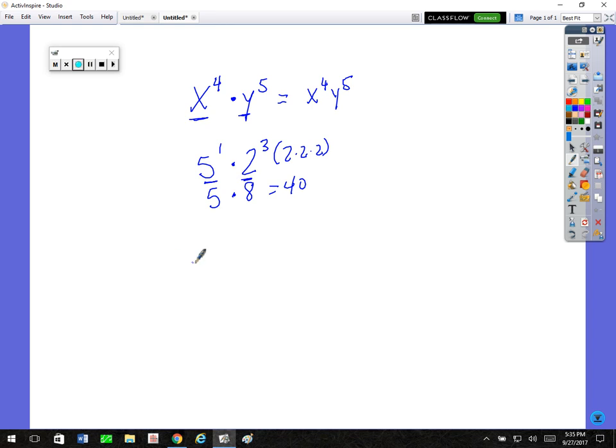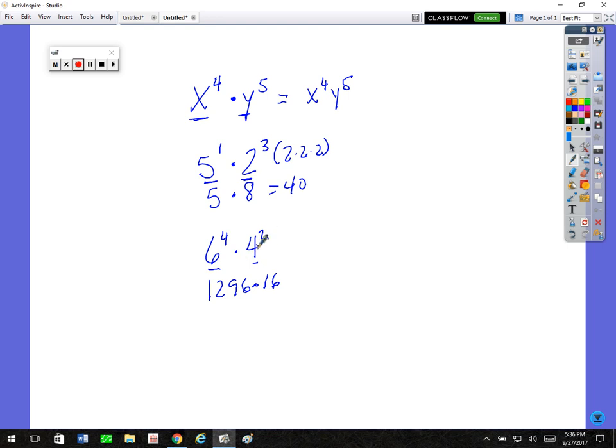Let's look at something that may be a little bit different. What if I had 6 to the fourth power times, let's try one more, 4 to the second power? Again, totally different bases. 6 and 4 are bases that are not alike, so I can't combine them. 6 to the fourth power gives me 1,296, a big number, times 16, because 4 to the second power is 4 times 4.